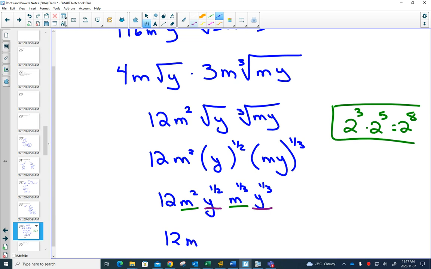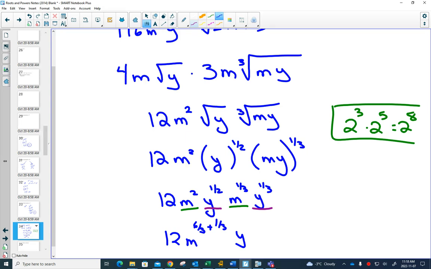How do I add 2 plus 1/3? We're going to want to write it as an improper fraction. How do we add fractions? You need a common denominator. So I'm going to change the 2 to 6/3 plus 1/3. And for the y, I'm going to have to add 1/2 plus 1/3.